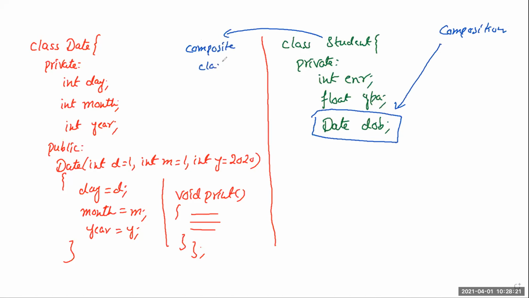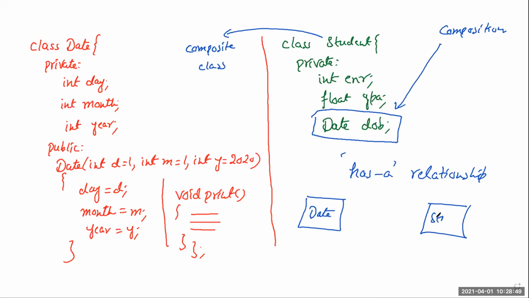Composite class. There are other terminologies as well. For example, since student is having date, there is a very common terminology which we use with composition, which is called a has-a relationship. You see, because now you have two classes: one class is date, and the other class is student. Now, in this case, what is happening? Student has a date object, right?